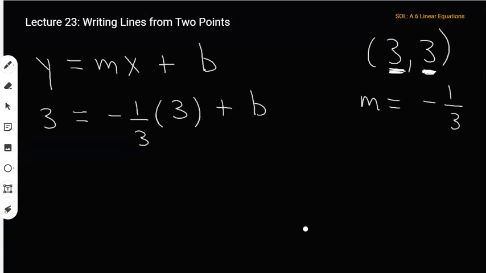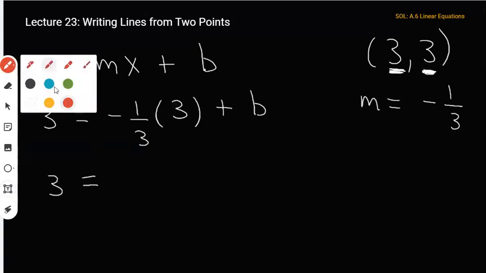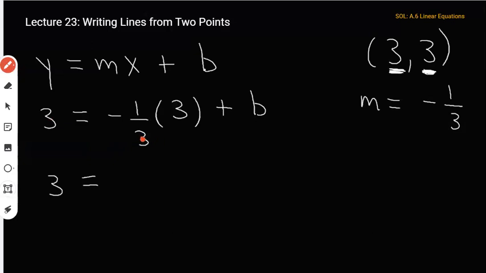Okay, so there's only one thing I can do at this point. It's multiply these two numbers together. They will cancel out. So what you'll notice is you'll have 3 in the denominator and you'll have a 3 in the numerator. So they're actually going to cancel out, leaving me with a negative 1.